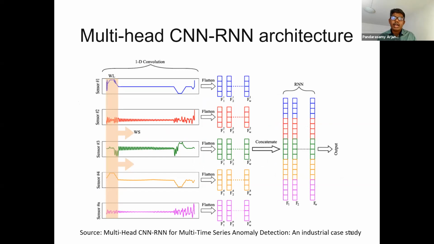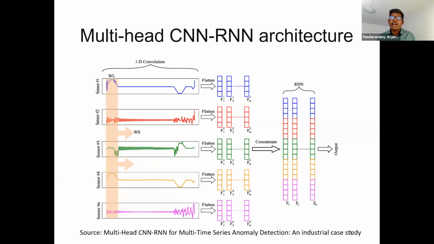For each sensor, we will apply a 1D convolution, and then we will flatten that, so it will contain a CNN network for each time series, that is for each sensor, separately, and then we will concatenate all of them into a RNN network.